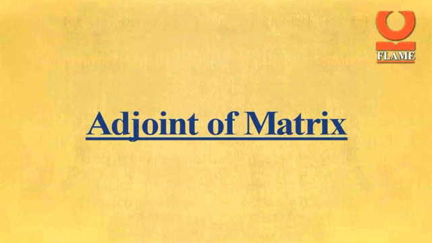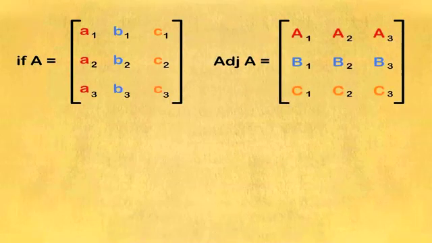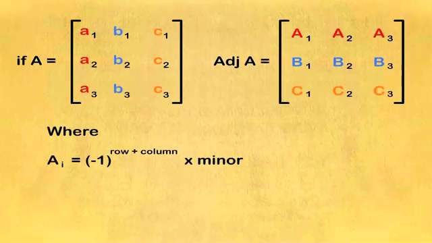Adjoint of matrix. If A is equal to [A1 B1 C1; A2 B2 C2; A3 B3 C3], then adjoint of A is represented by capital A1, capital A2, capital A3, capital B1, B2, B3, C1, C2, C3, all in capital letters, where capital Aij is equal to minus 1 to the power row plus column into minor.